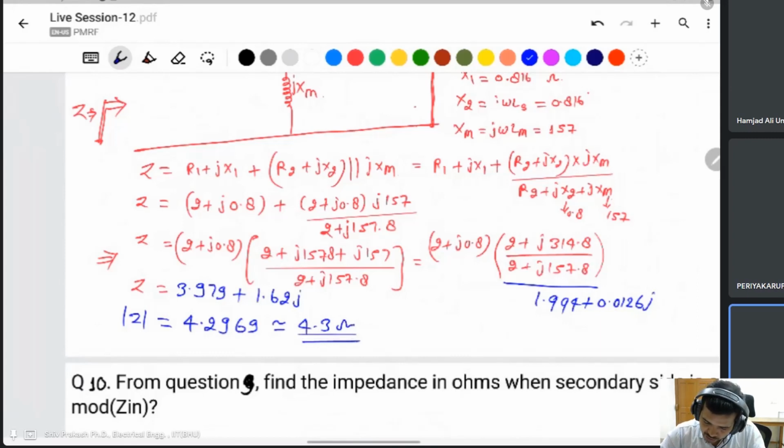Angle is 22 degree. Angle of this one is 22.16 degree. You can calculate by calculator easily.